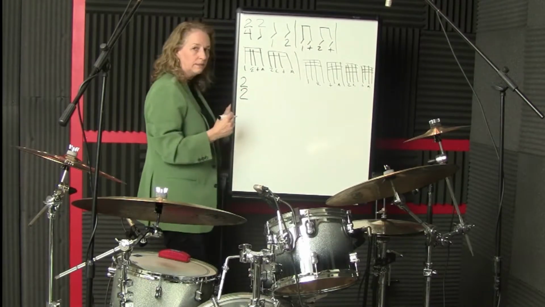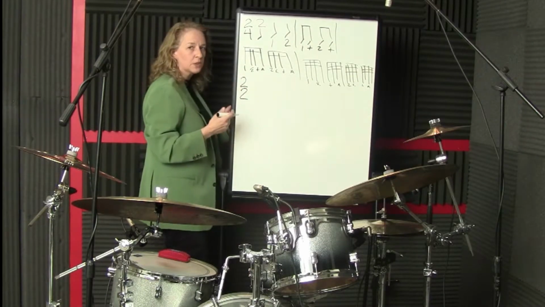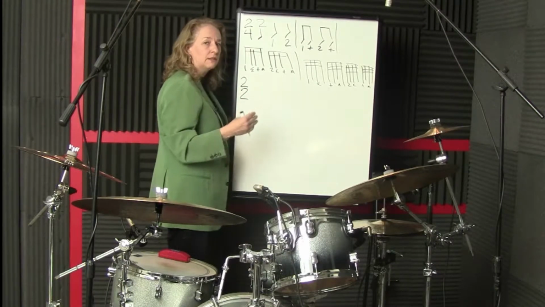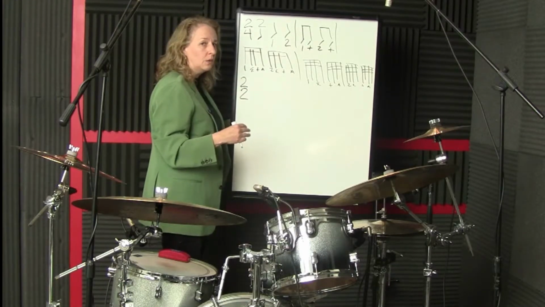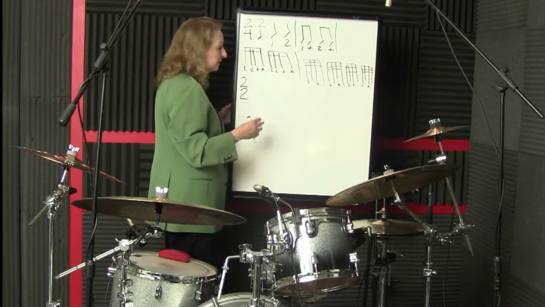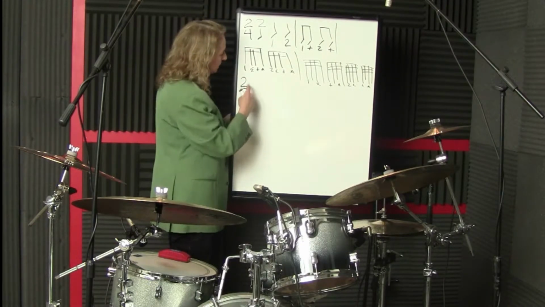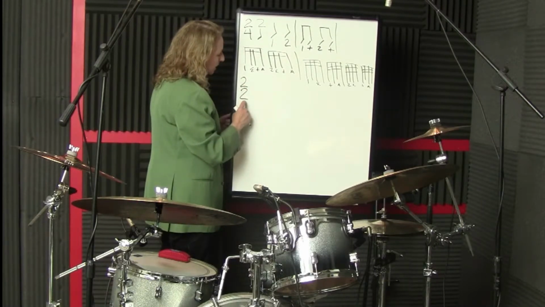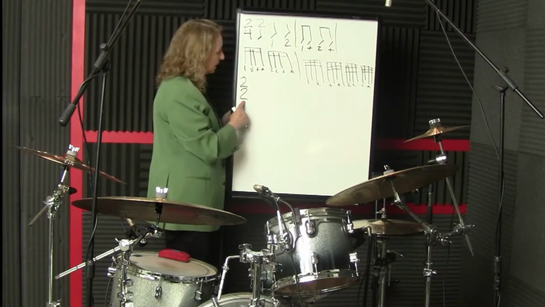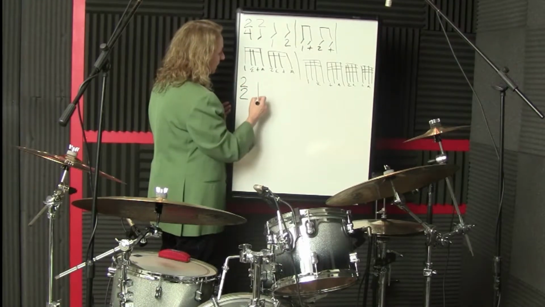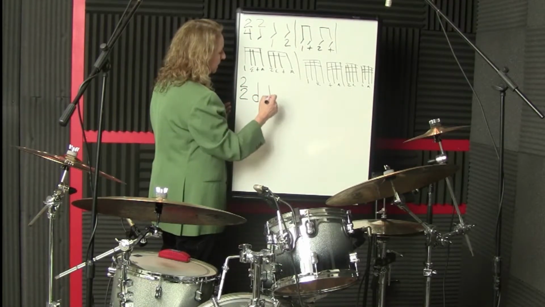2 over 2. I'm keeping the top number 2, but you realize it can be 3, 5, 7, 10, whatever. It could be any number, 15. So what this means is 2 half notes. 2 half notes is what's needed here to complete a bar of 2 over 2.